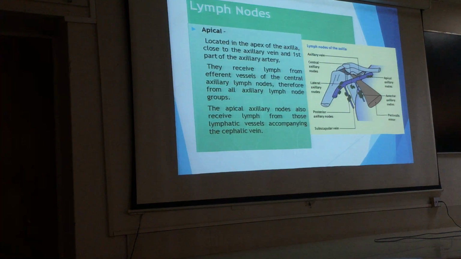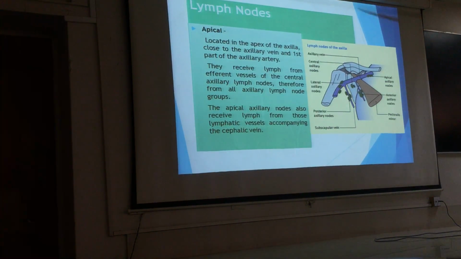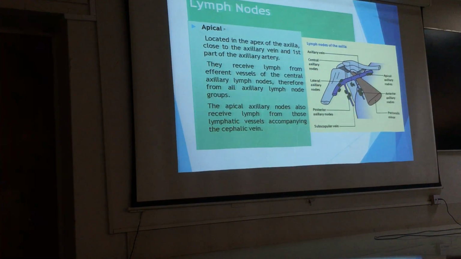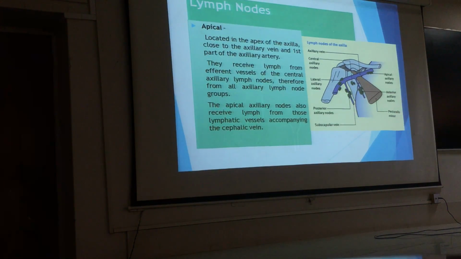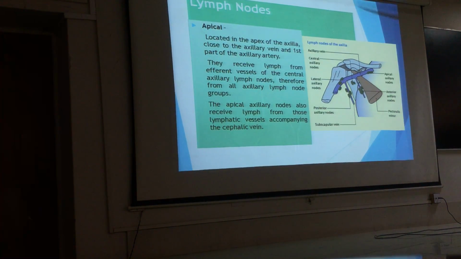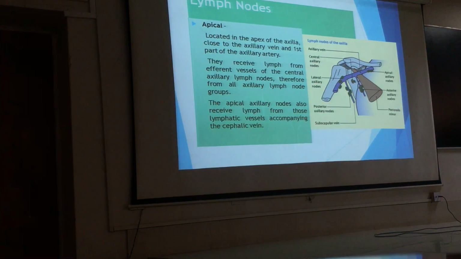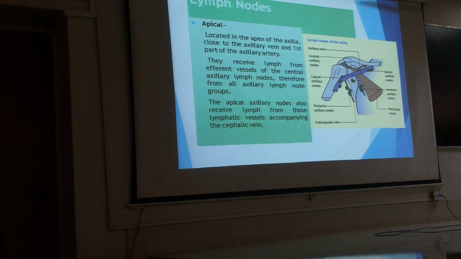Then we come to the last set of the group, that is the apical, or we also call it as the infraclavicular group of the lymph nodes. Now this infraclavicular, apical से हमें वैसे नहीं लग रहा है कि ये apex पे होगा. That is why the word apical has been given, because it is actually related to the apex of the axilla. So this is actually located in the apex of the axilla.